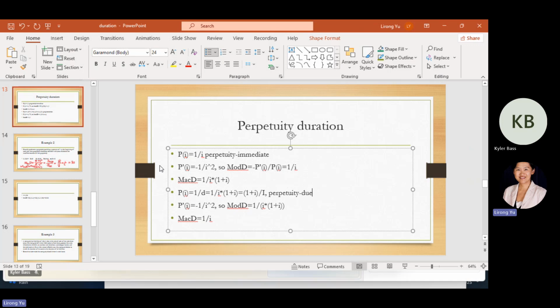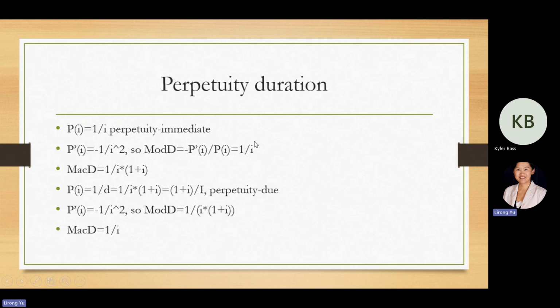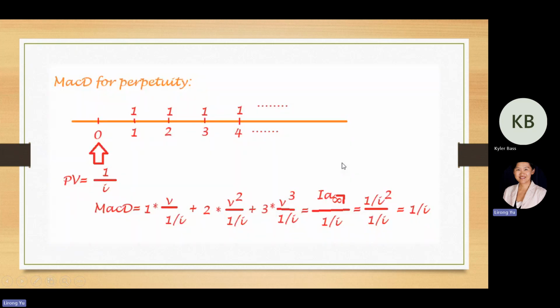So this is really using the present value formula if you have that formula. And then here is using the cash flow. If you have perpetuity immediate, then PV equals 1/i. So the Macaulay duration will be the weighted average of the time.